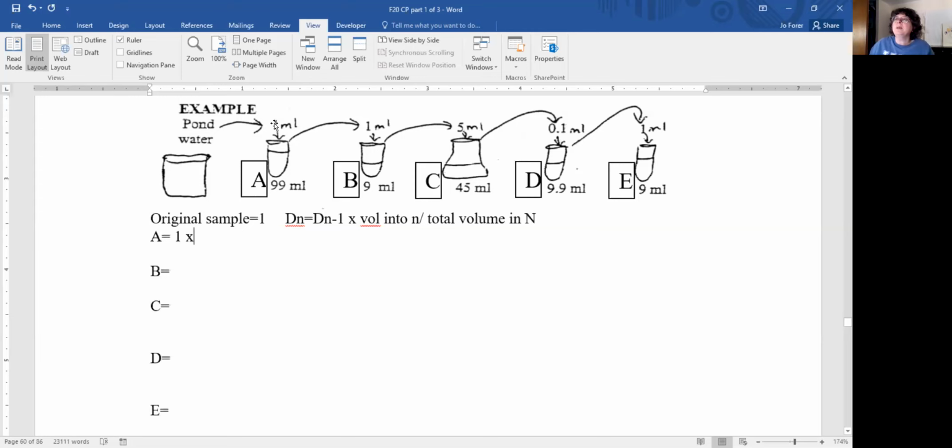So we're putting 1 milliliter of the pond water into container A. So that's where this 1 comes from. That's the 1 milliliter that's being added to the tube. We now have to divide that by the total volume of liquid in that container once we've added the pond water. Since there was 99 milliliters of sterile liquid to start, and we added 1 milliliter of the pond water, 99 plus 1 equals 100.